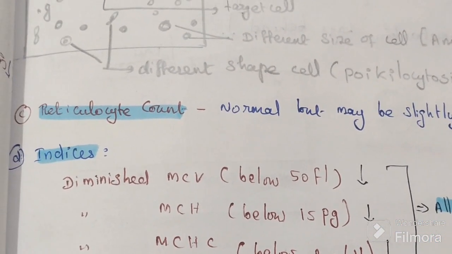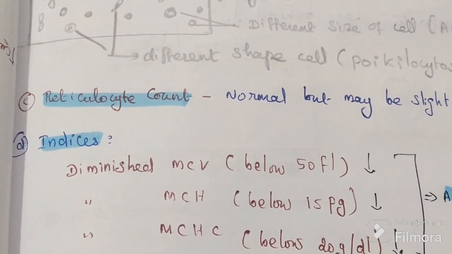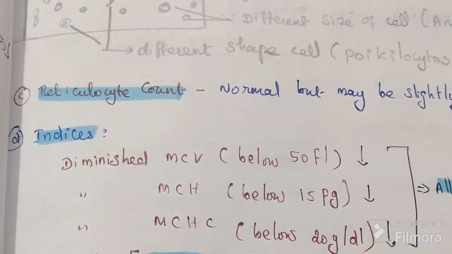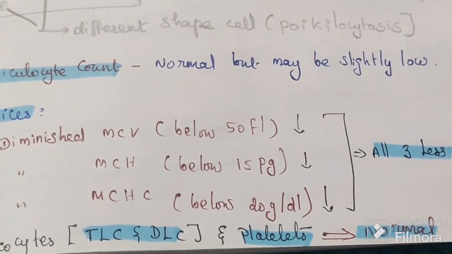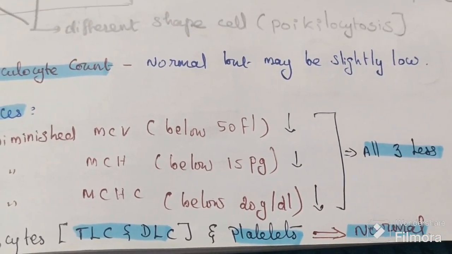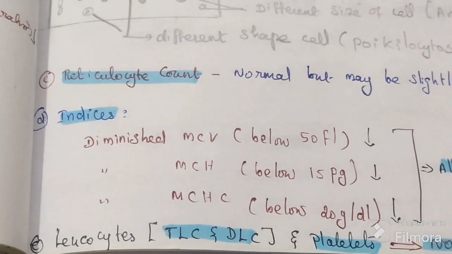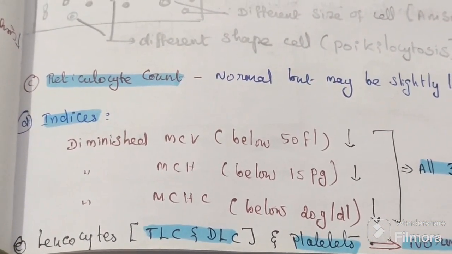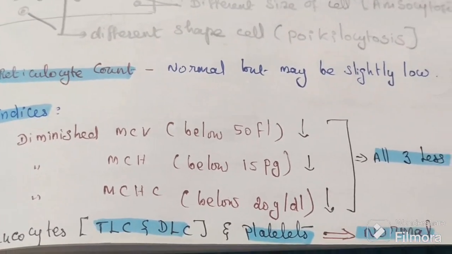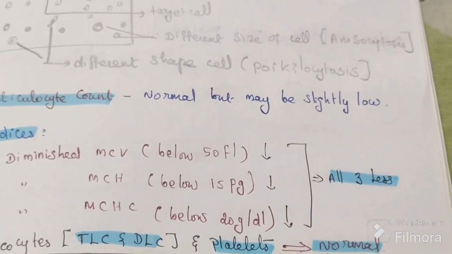Then indices: MCV, MCH, MCHC, all three indices are less. Total leukocyte count, differential leukocyte count and platelets are normal.